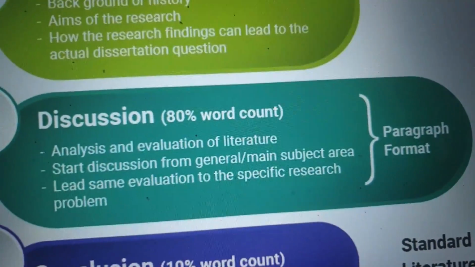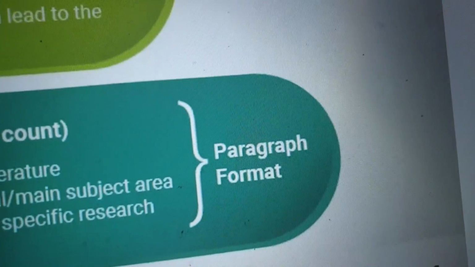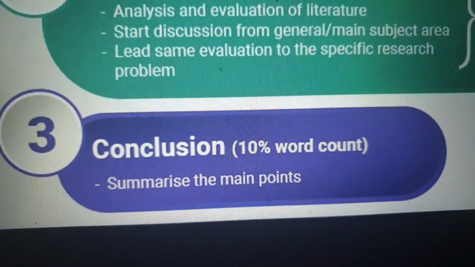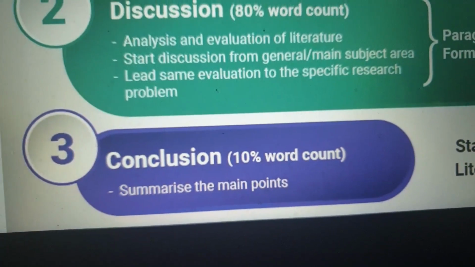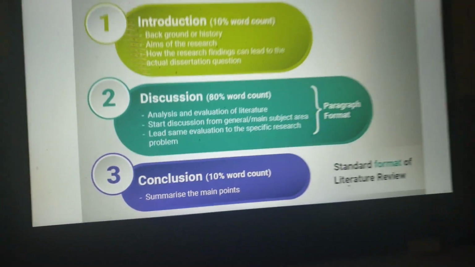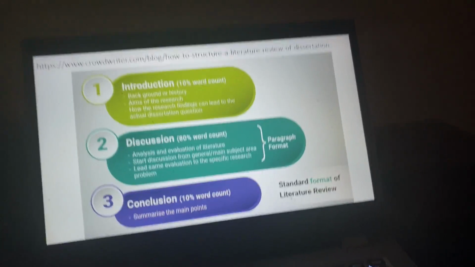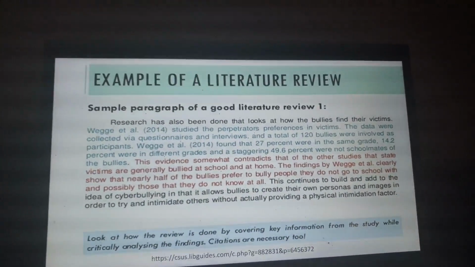That should take 80%. You see, paragraph format. And the last 10% is your conclusion. Summarize the main points. So this is the structure of a literature review.